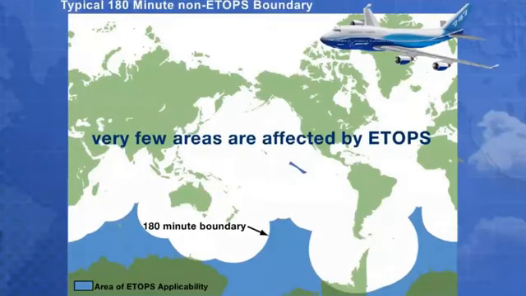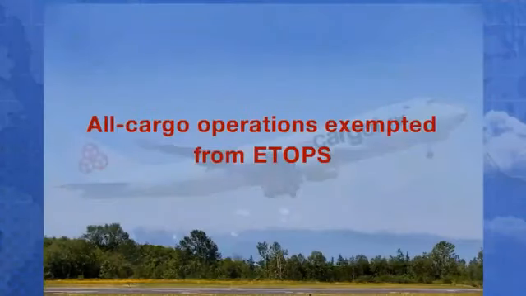For passenger airplanes with more than two engines, ETOPS begins at 180 minutes from an adequate airport. Therefore, most areas will remain non-ETOPS for these airplanes. Note that all cargo operations on airplanes with more than two engines are exempt from ETOPS rules.